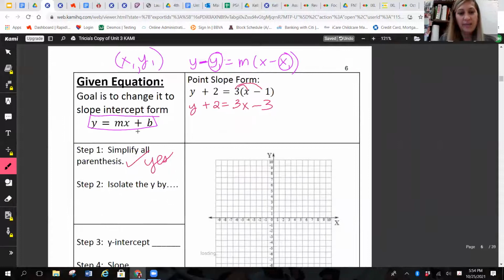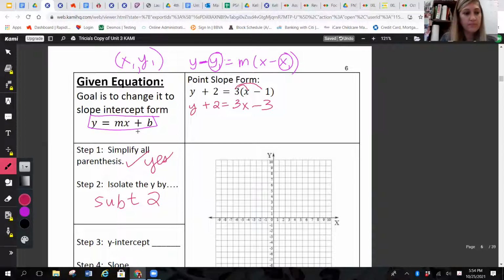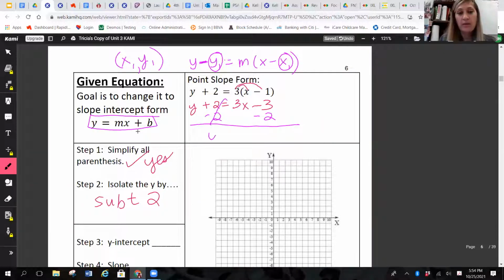And finally, I'm going to isolate y by subtracting 2. I'm going to subtract 2 here, and since it's a constant 2, I'm going to subtract 2 under the -3. Now I have y equals 3x, and -3 and a -2 make -5. I can box that now.